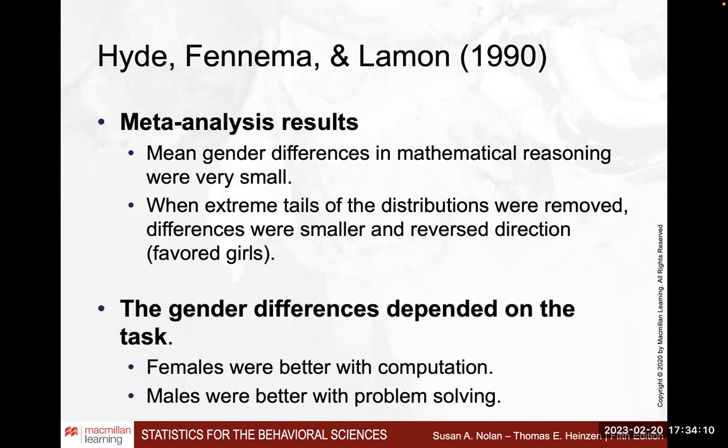And the example that Nolan and Heinzen give is the work from Hyde, Fennema, and Lamon, who investigated the gender differences between males and females. Just to give some background, in the 70s and 80s there were analyses that basically favored one gender over another in terms of their capabilities to solve mathematical problems.